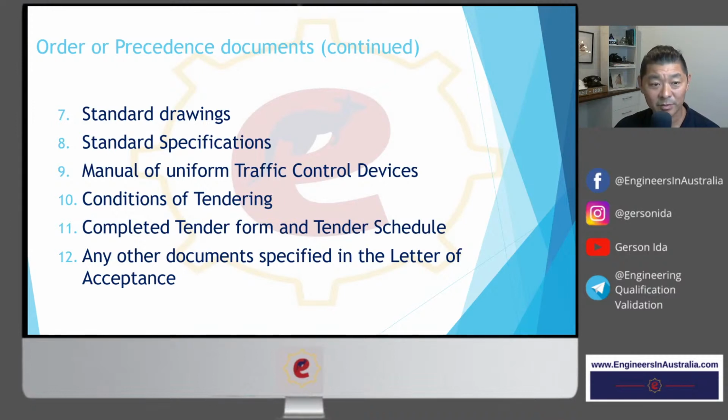Obviously number 12 is the lowest level in terms of order of precedence, the weakest.